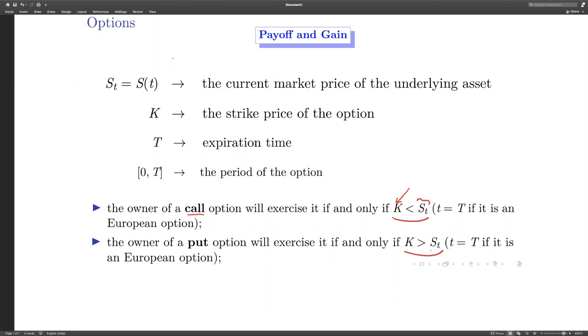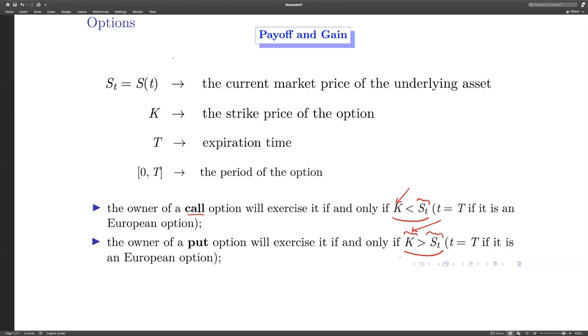So what he or she can do is go to the spot market, buy the asset at the rate of S of T per share, and come immediately to the writer of the option and sell it at the rate K, because the writer has the obligation to buy it as per the contract. Therefore, the holder can sell it for this strike price K, and thereby the holder can make money out of the contract.